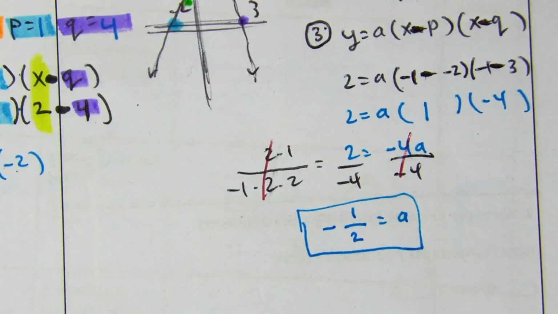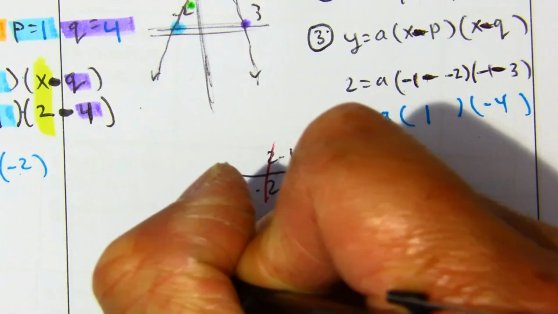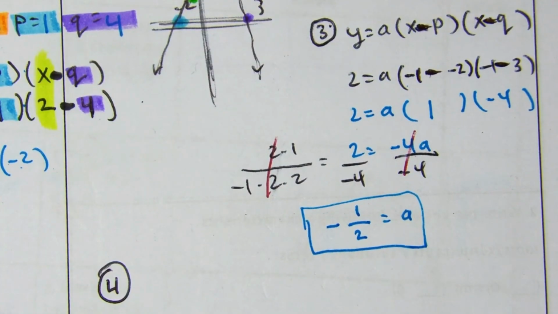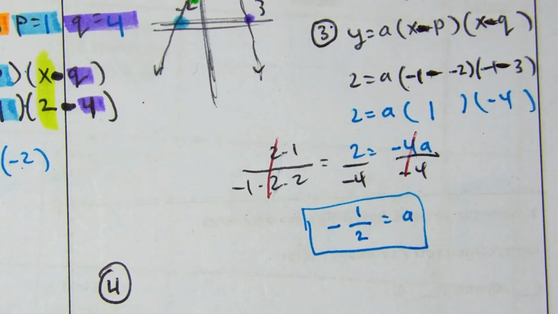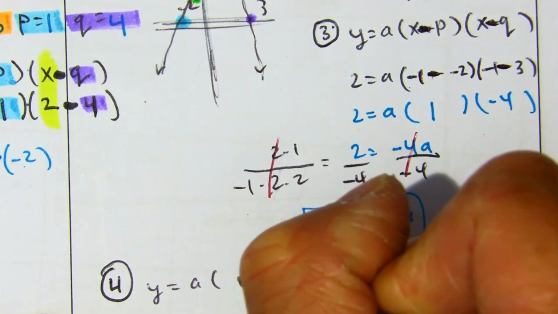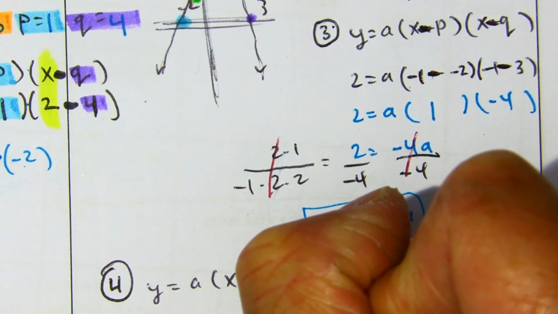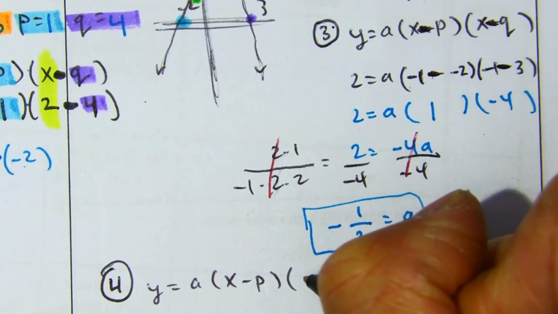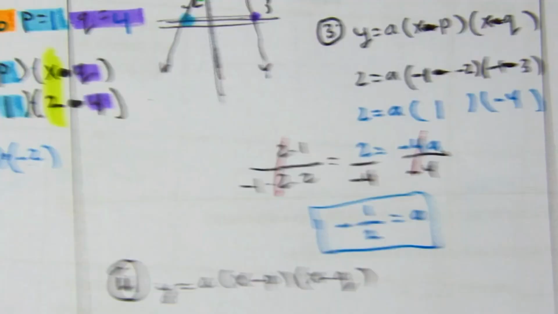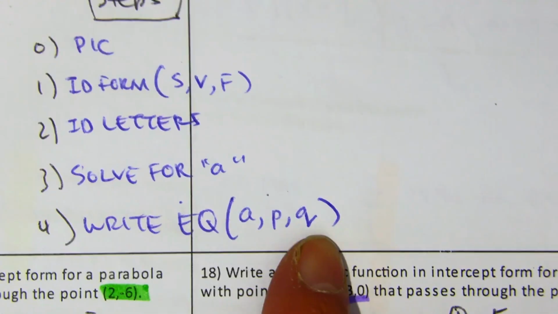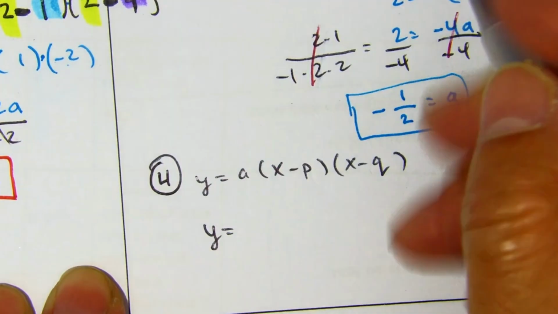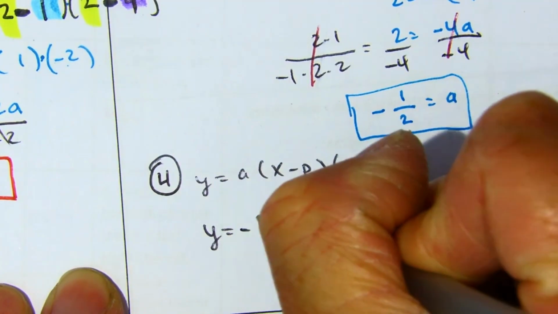Step number 4, let's go ahead and write an equation. Chance, what is factored form? Y equals a times x minus p times x minus q. Okay, let's just put back in now our A, P, and Q. Our A value, class, is -1/2.